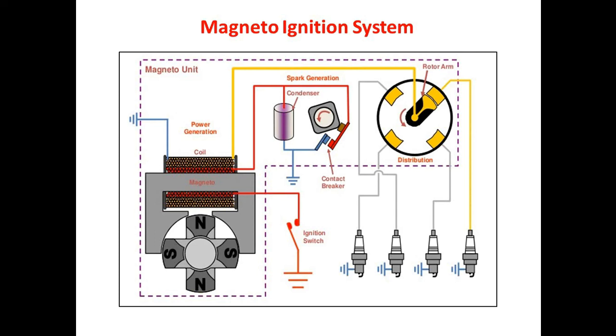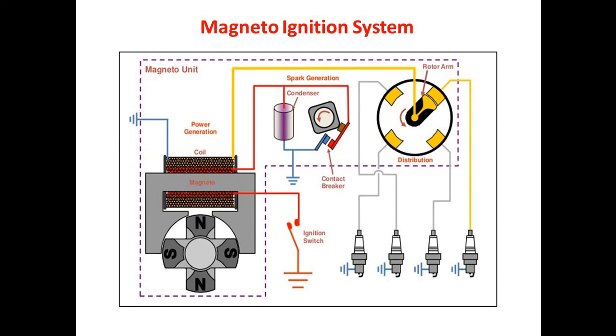Now, because of this action, the capacitor discharges and reverses the direction of the primary current as well as the magnetic field. This rapid reversal causes a high voltage to be developed inside the secondary coil.